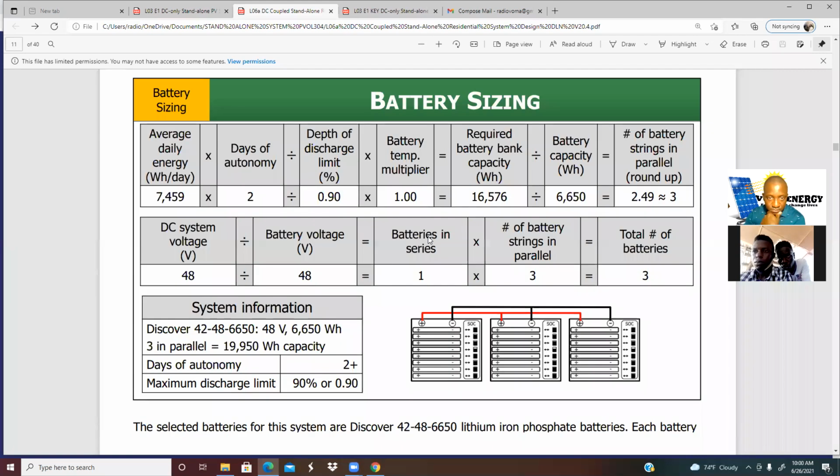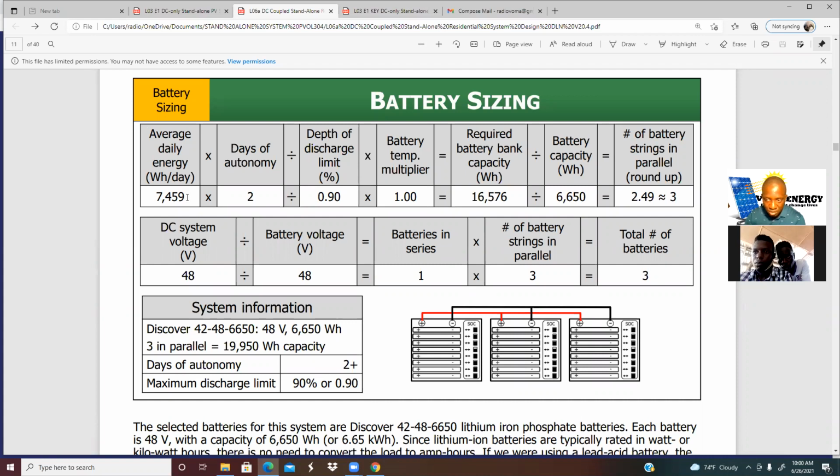So let's move forward to the battery sizing. Now let's size this battery perfectly well. The average daily energy is 7,459 watt-hours. Are you copying? Put your hands up if you're hearing me.